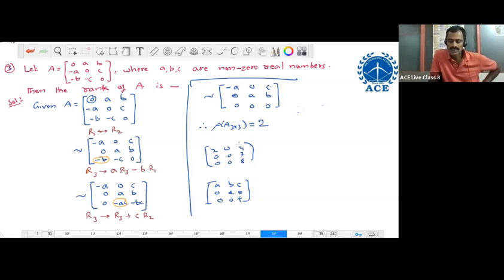So every upper triangular matrix may or may not be in echelon form. If the elements are like this, then echelon form. If the elements are like this, not in echelon form. That's why we cannot say every upper triangular matrix is in echelon form.